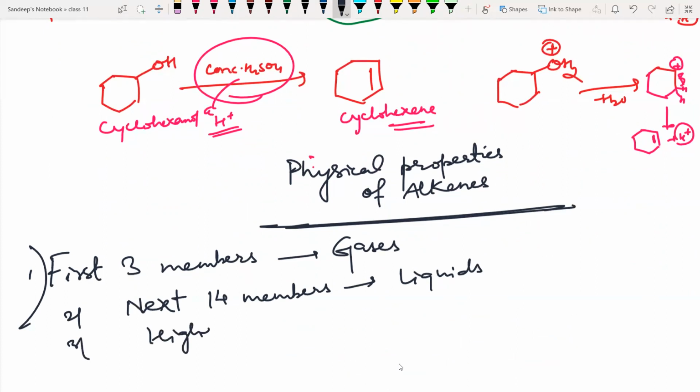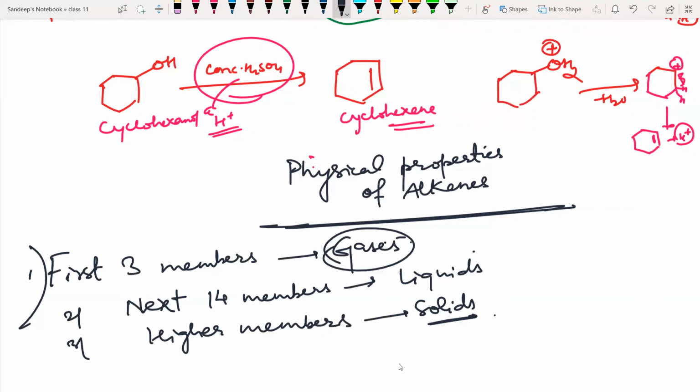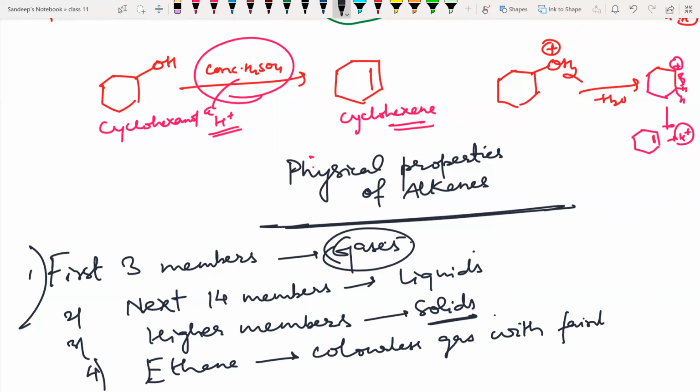Higher members, above 14, 15, are solids. So as the molar mass increases, the substance changes from gas to liquid to solid. Ethene is a colorless gas with a faint sweet smell, with very little sweet smell.